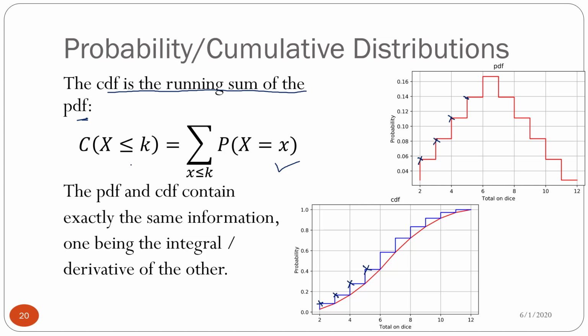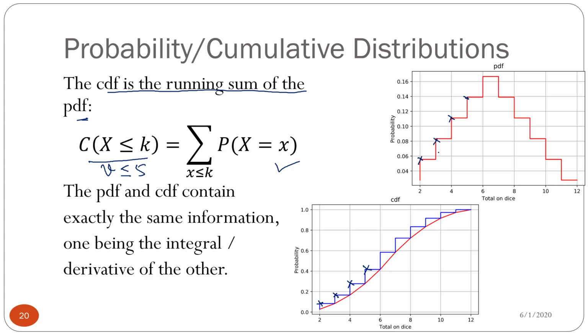At times you are interested in finding out the probability of something happening with this condition. So if you are interested in finding out the probability of the v, which is the sum of the numbers, being less than or equal to 5, then right here you will get that value, because that is how you are generating the cumulative distribution function.